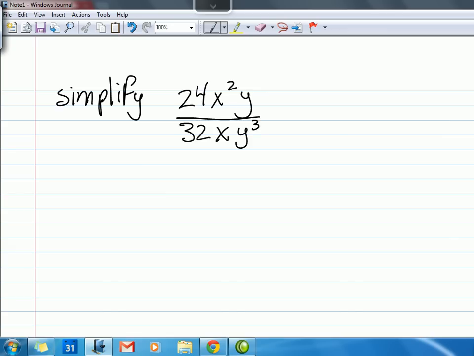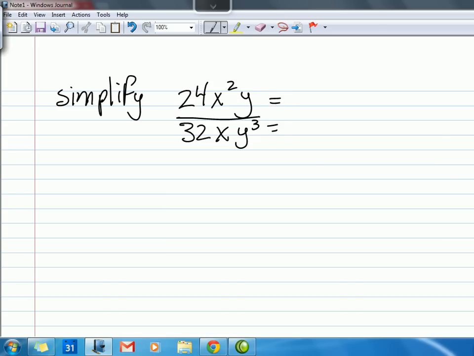Trying to simplify this, we want to basically reduce this to the lowest terms, which is what we mean by simplifying. You already know how to simplify 24 over 32, but then you have to take into consideration the x squared y and the xy cubed. For the most part, we want to break it up into its factors.